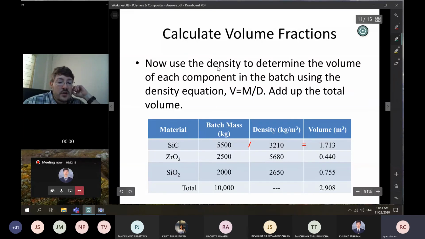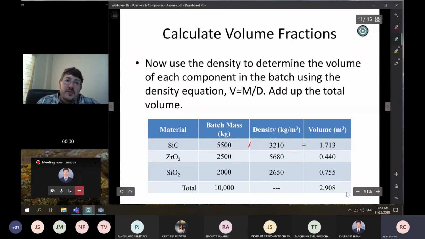Now use the density to determine the volume of each component in the batch, so we can get the volume fraction. Remember, volume is mass divided by density. So 5,500 divided by the density of silicon carbide, 2,500 divided by the density of zirconia, and 2,000 divided by the density of silica.